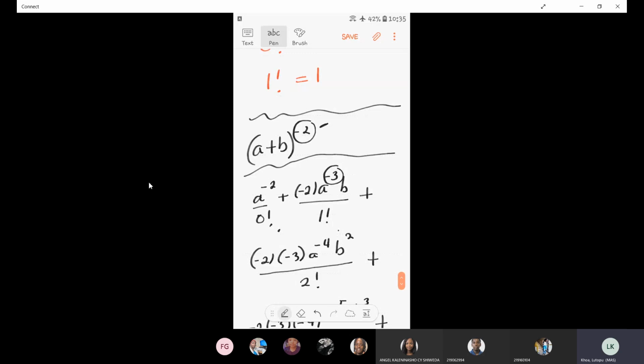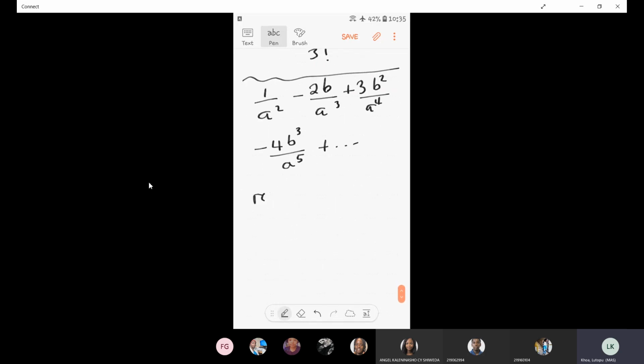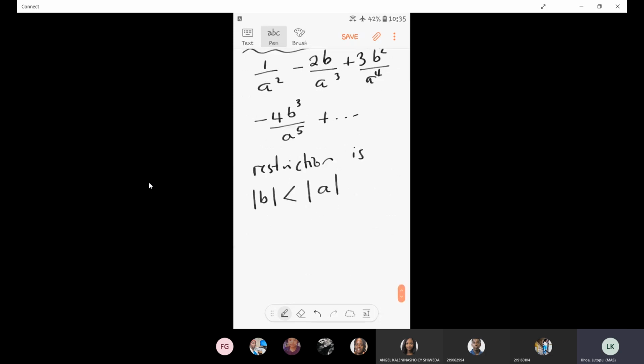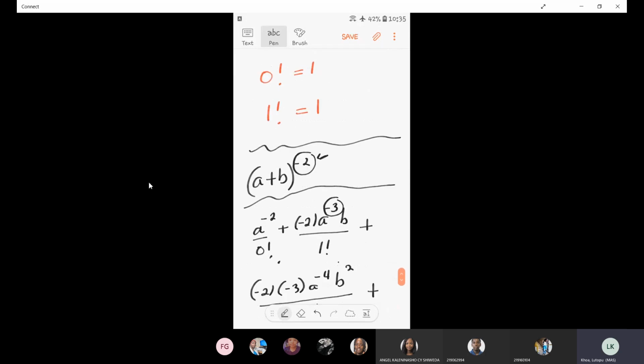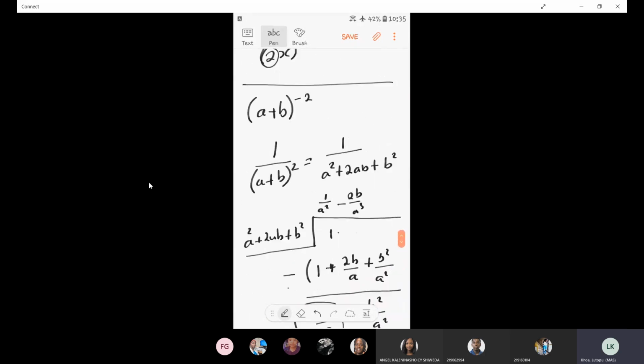Now here again, because my exponent was negative, I have to put a restriction. So the restriction is the absolute value of b must be less than the absolute value of a. So that's your restriction. In this case, my a and b were just a and b themselves, but we did questions where a and b were not a and b.